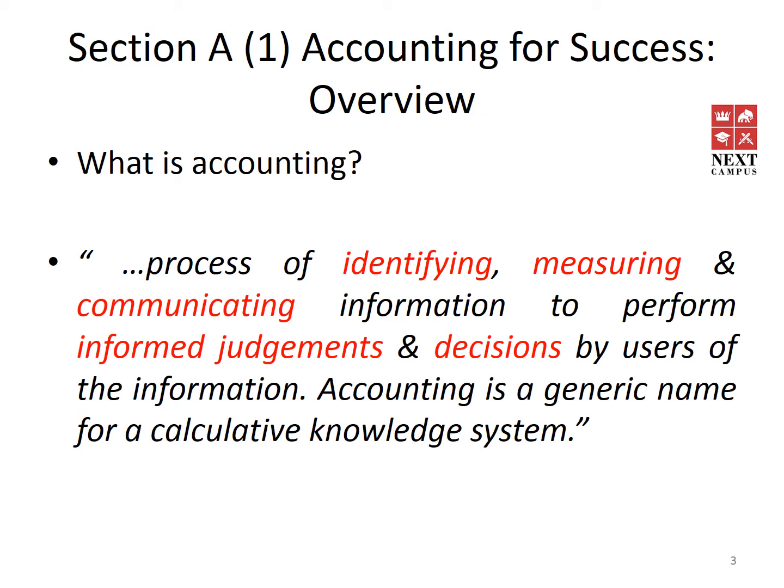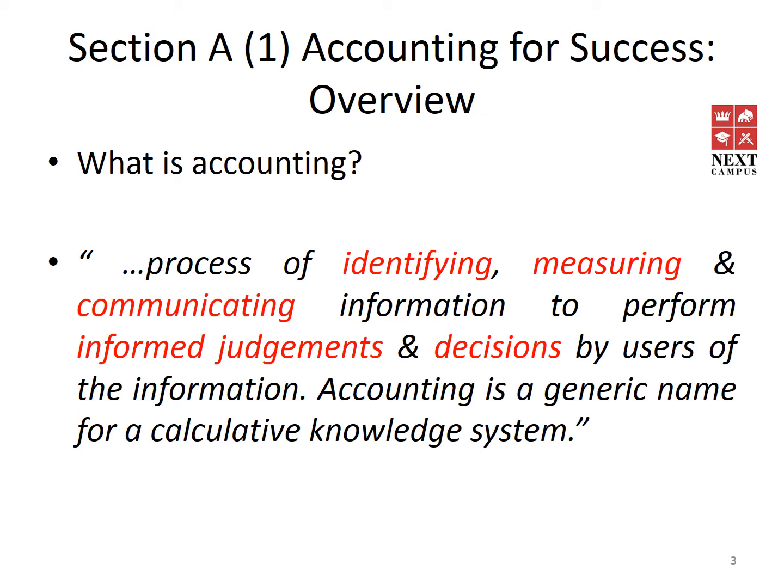So, what is accounting? The expanded definition is that it's a process of identifying, measuring, and communicating information to permit informed judgments and decisions by the users of the information. Accounting is a generic name for a calculative knowledge system.